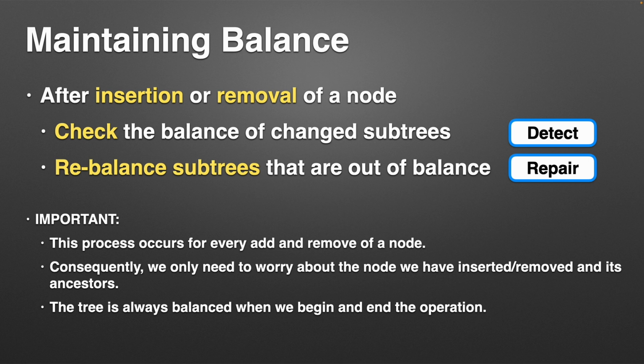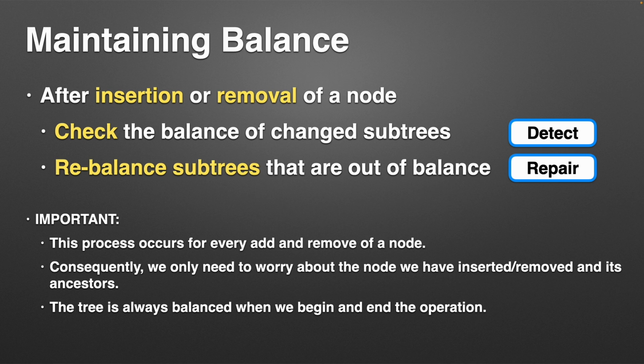And importantly, and you'll somewhat see this, these steps are constant time. So they are pretty much free in terms of taking CPU cycles, and that helps us have a nice efficiency with this data structure. So we're doing this for every add or remove of a node, and we only need to worry about the node that we've inserted or removed, and any of its ancestors, so nodes above it.